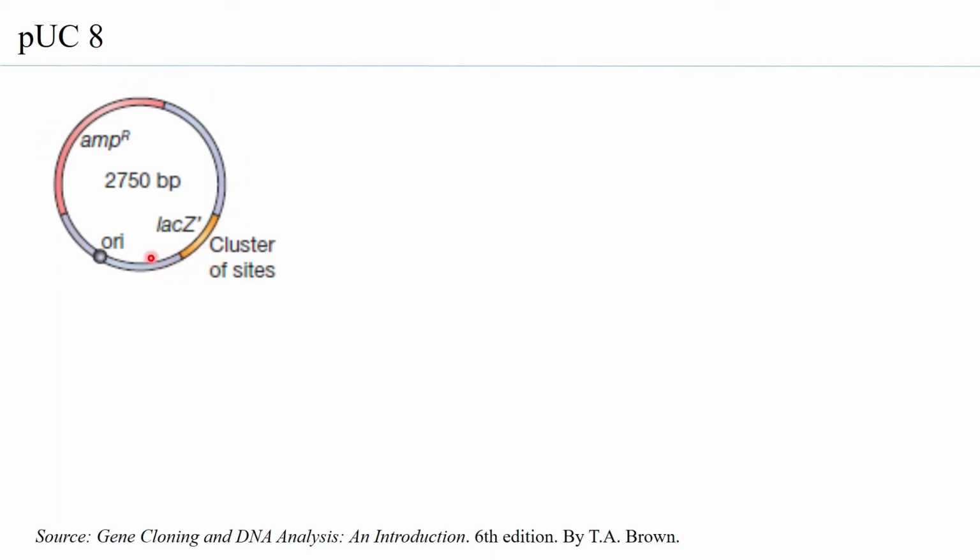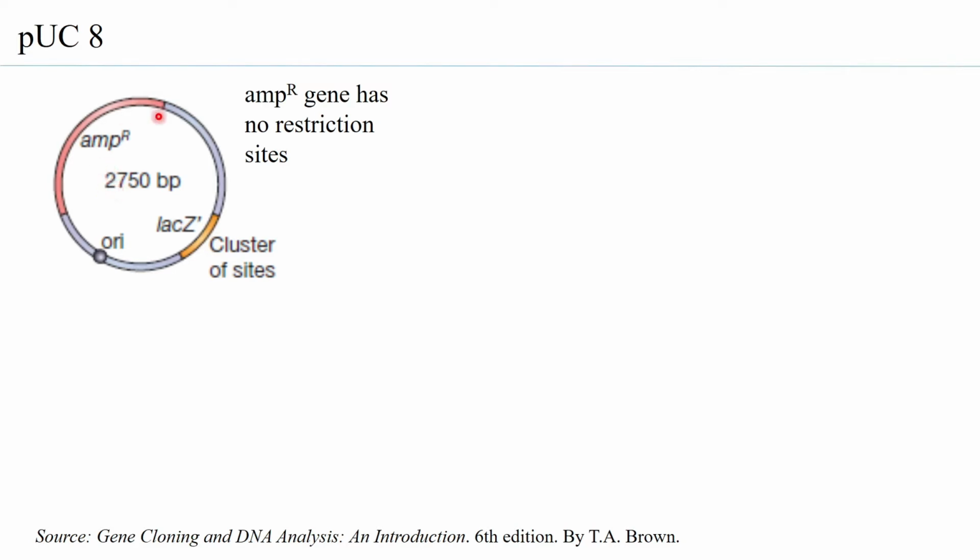So in all, one can see that it fulfills all the characteristics that a cloning vector should have. Now what is interesting to note is that the AMP resistance gene, which in pBR322 had several restriction sites, has been modified in pUC8 such that the ampicillin resistance gene portion does not contain even a single restriction site.